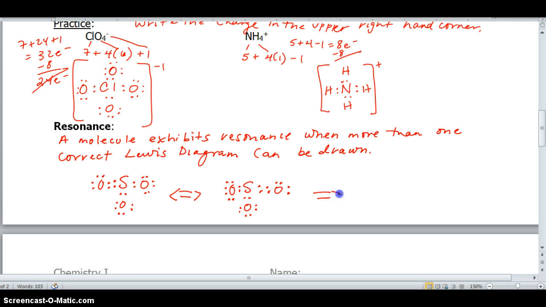Or our last option is to have the oxygen on the bottom form the double bond.